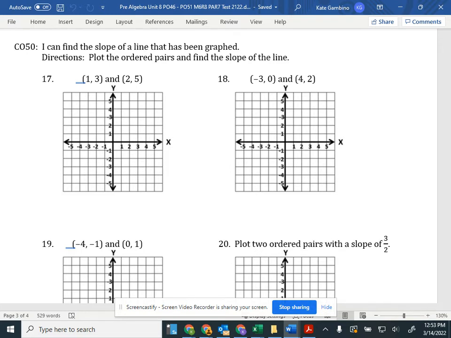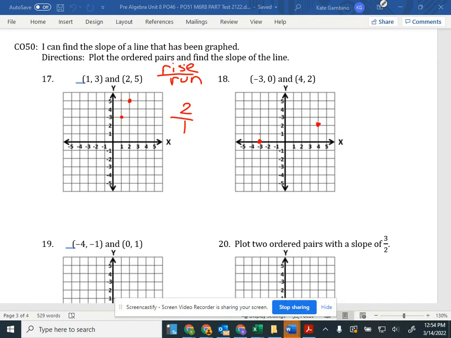So 1, 3, 2, 5. Our slope, rise over run. So we're going up 1, 2, over 1, -3, 0, +4, 2.